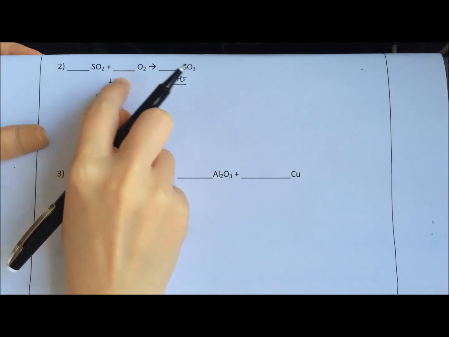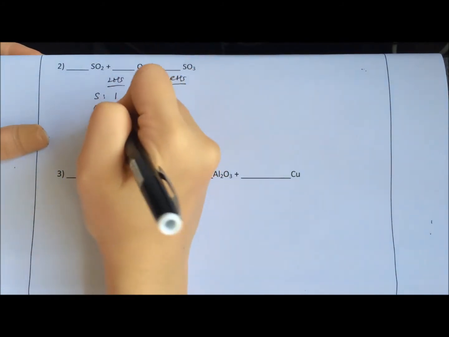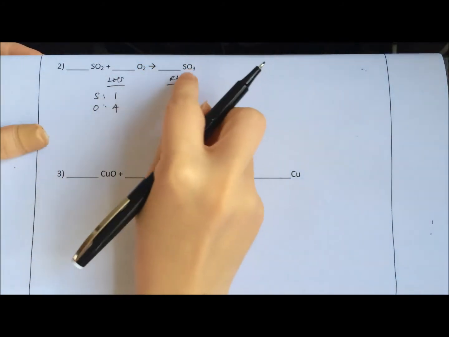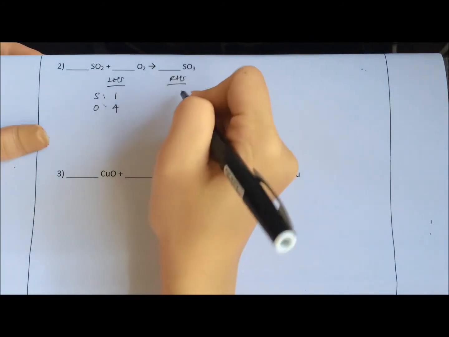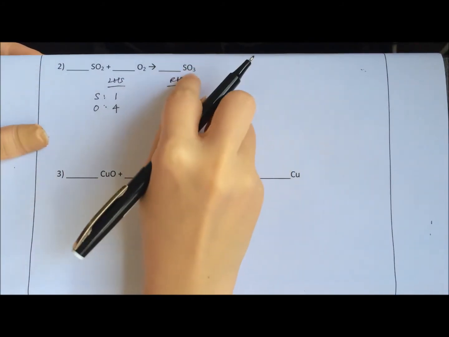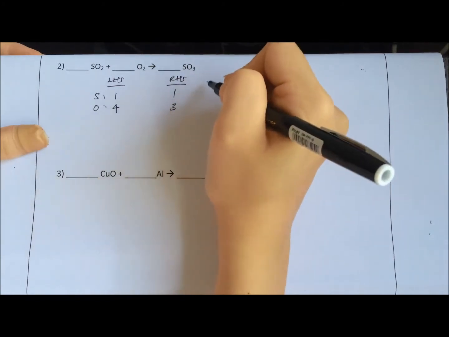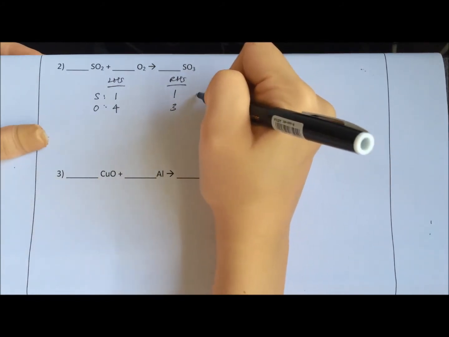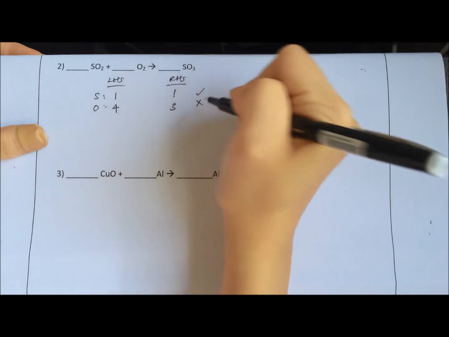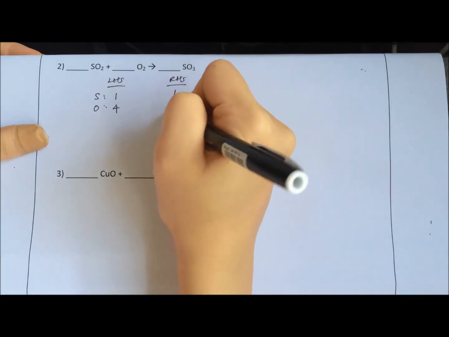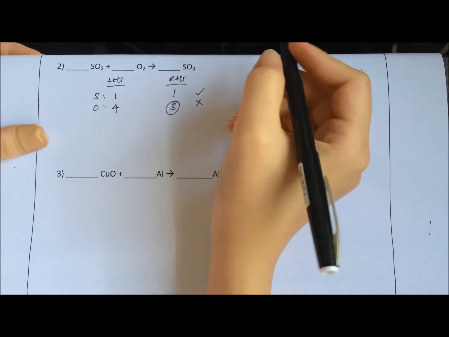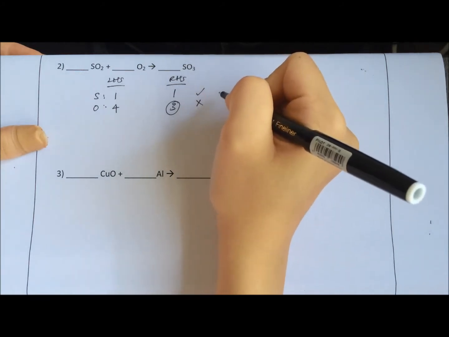Oxygen we have 2, plus the other side is another 2, so we have 4 in total. Right hand side we have only 1 sulfur. Oxygen number behind is 3, so we have 3. Then under, check whether it is balanced. So sulfur is balanced but oxygen is not, and we need more oxygen on the right hand side.